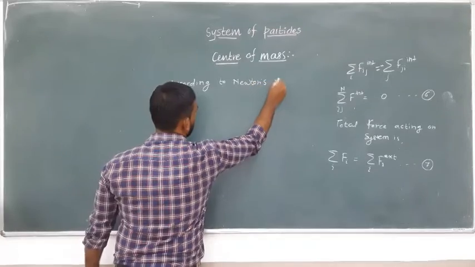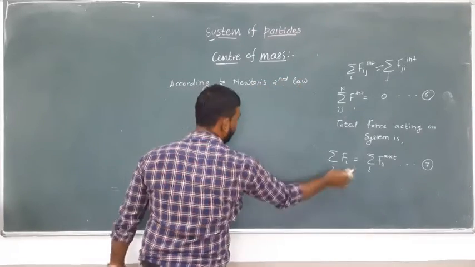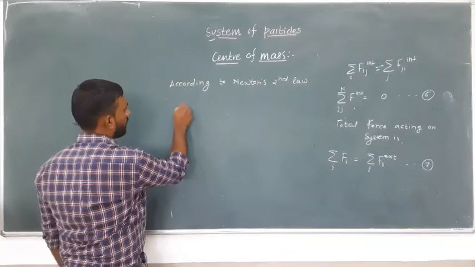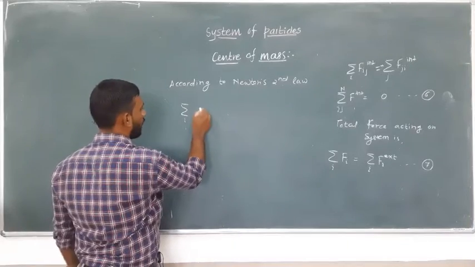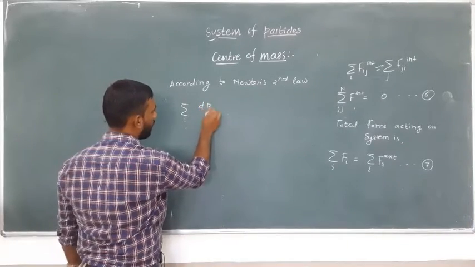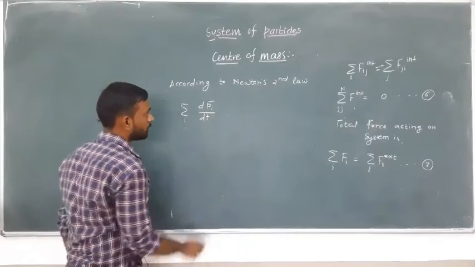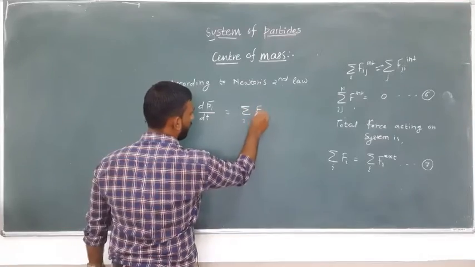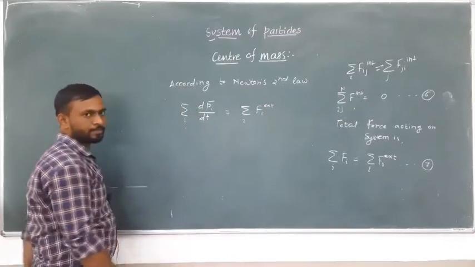According to Newton's second law, how do we replace these sides? The summation as it is, F is replaced by dpi by dt, equal to, suppose, Fi external.